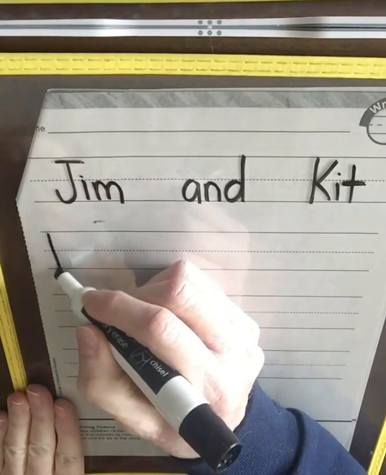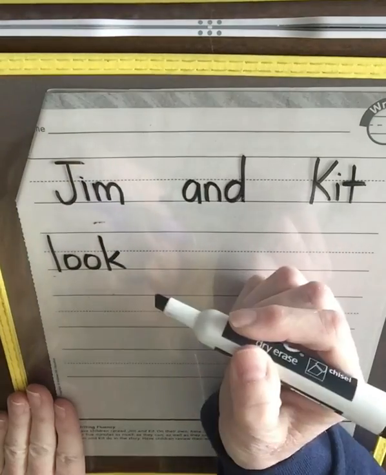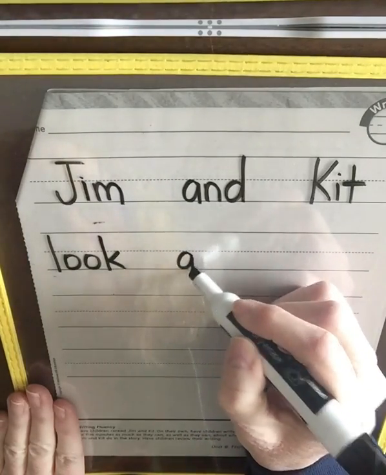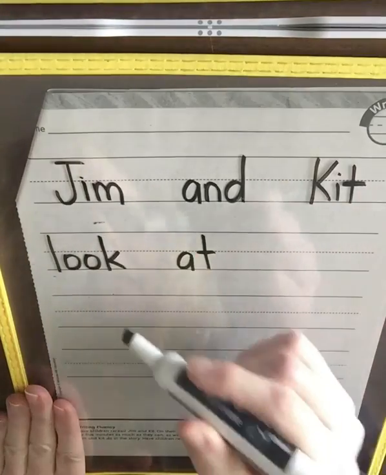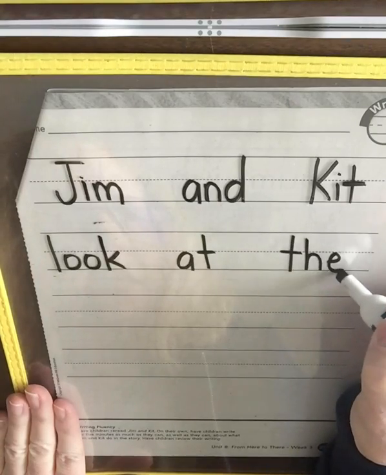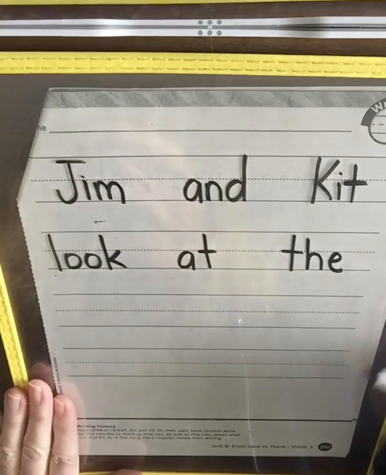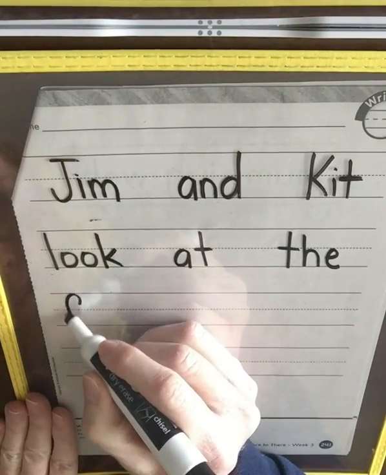Next line, look at, make sure you're in 2-finger space in between the words. Jim and Kit look at the, we could just write clouds, but let's make our writing a little more interesting by writing the fluffy clouds.